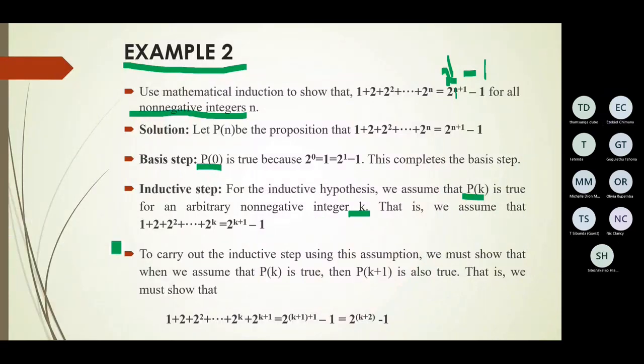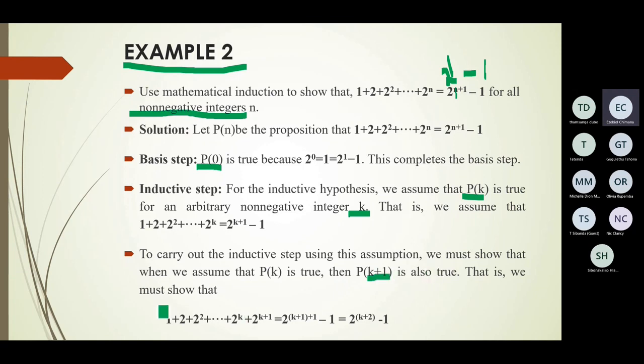So what will be next? We need to prove that if P of k is true, also P of k plus 1 must be true for the inductive step. So to carry out the inductive step using this assumption, we must show that when we assume that P of k is true, then P of k plus 1 is also true.